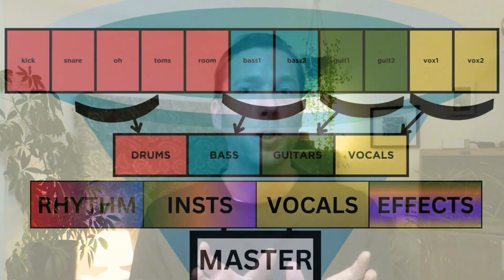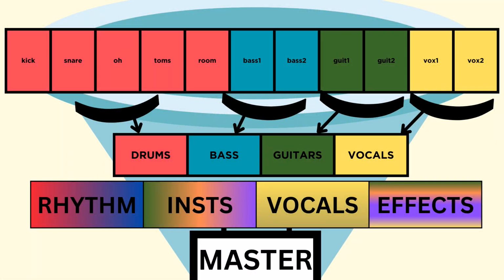Or, for example, if you just need to hone in on something very specific, then you can turn those group channels off just for a moment and give your focus entirely to the group that you need to be giving your attention to. And then from there, those new collections will head into the master.